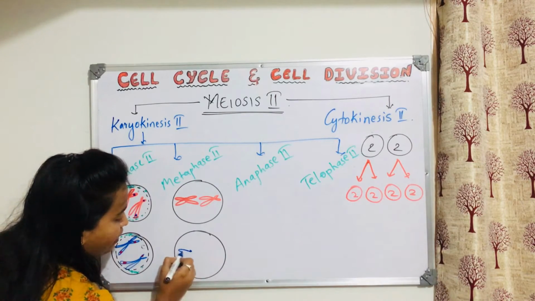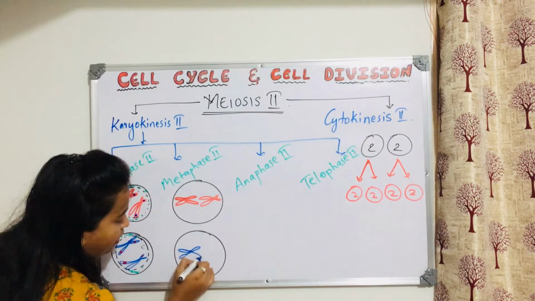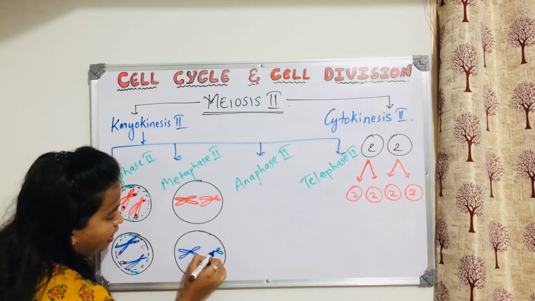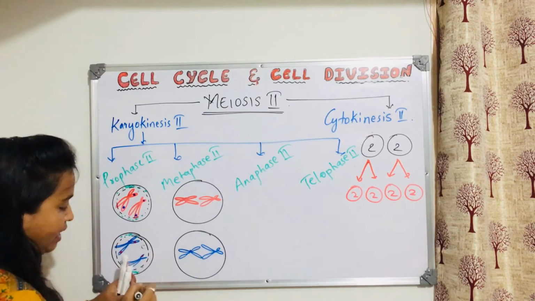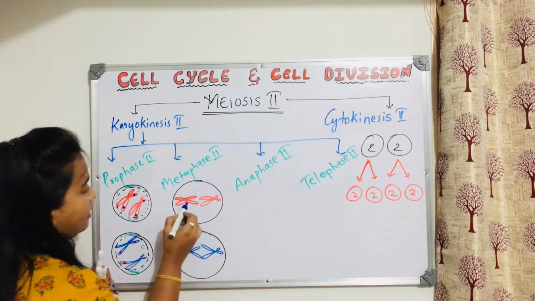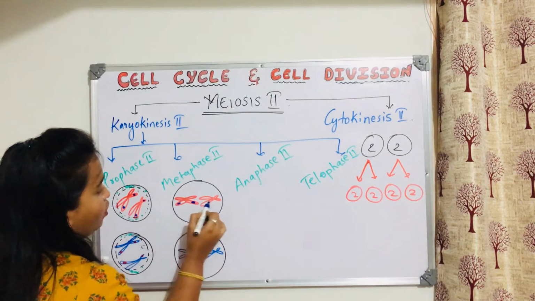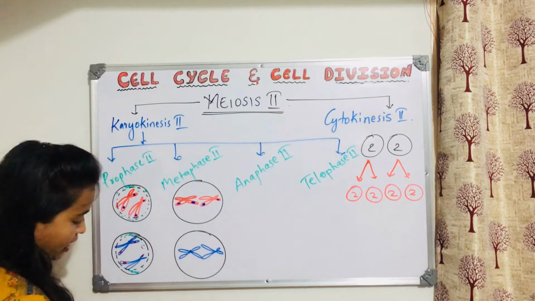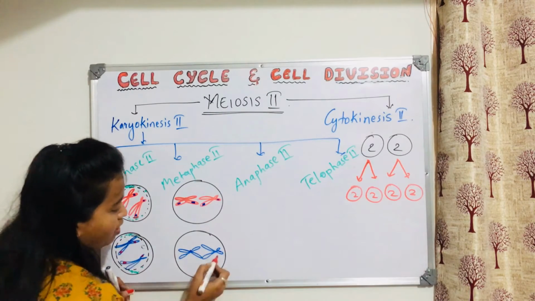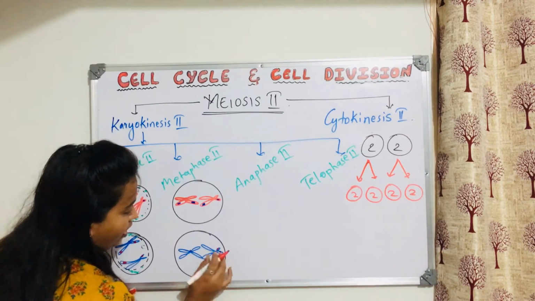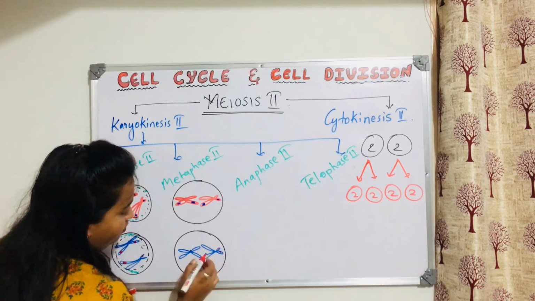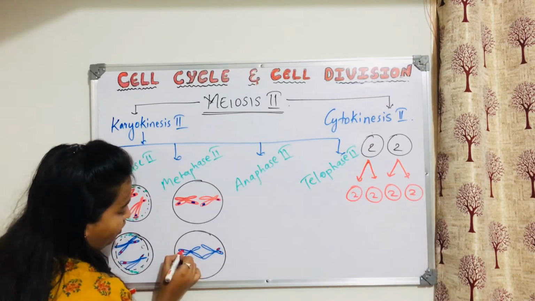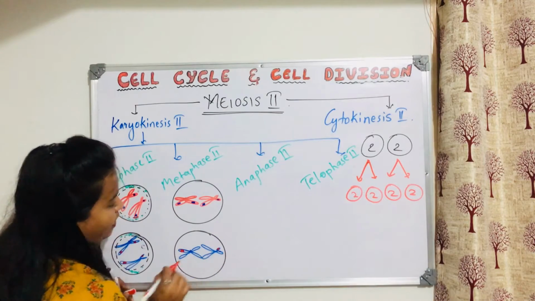There, the bivalents were at the center. Here, in this metaphase, you will see that these chromosomes have come to the center, the equator, of the cell.